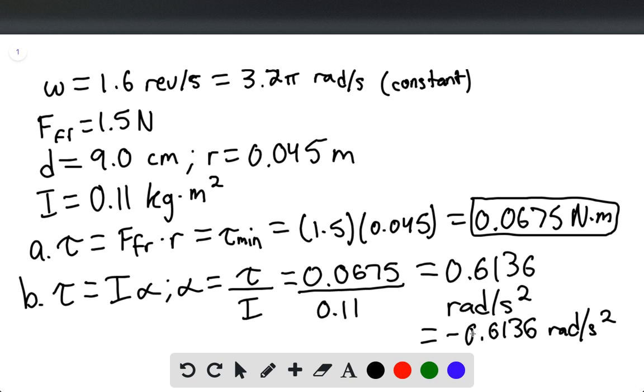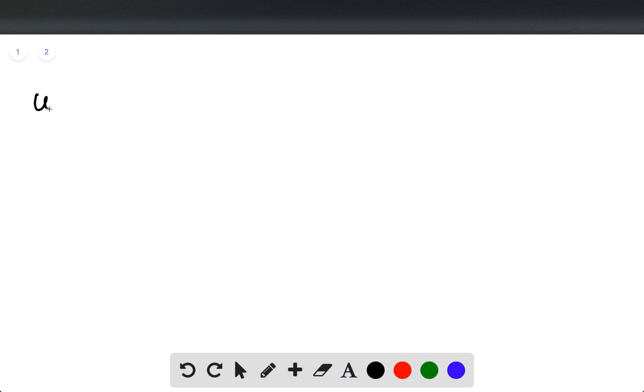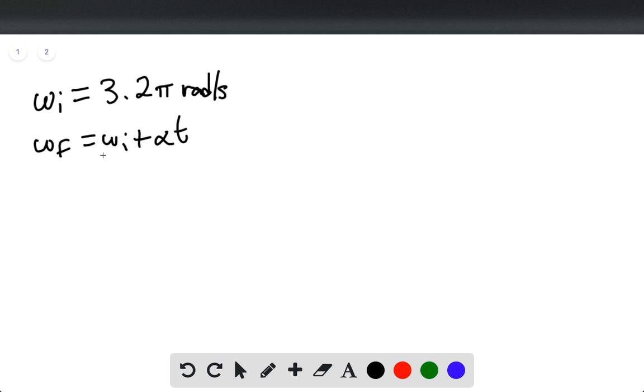And we can use the negative value in order to find the time. So we can say that our omega initial is going to be 3.2 pi radians per second. And then we have that omega final equals omega initial plus alpha t. We know that we want the wheel to stop.